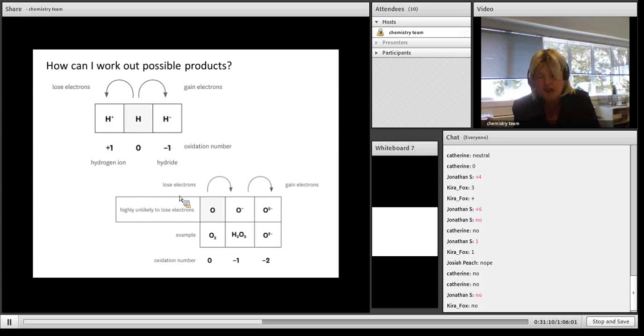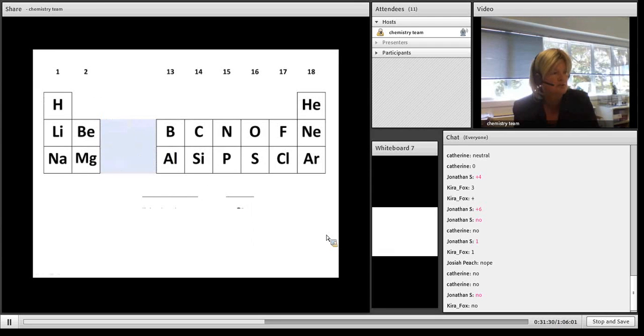The only element it'll lose electrons to is fluorine. So if you had oxygen difluoride, then oxygen has a positive oxidation number. But again, you won't have to deal with that. So as far as you're concerned, that's all you have for oxygen. I think this was rule number 2, and that was rule number 3.